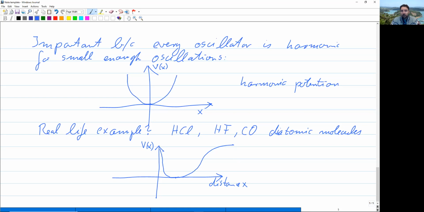They're no longer bound, which means that the potential here flattens out. Right? And then that's it. Now, in which sense is this similar to a harmonic oscillator? Well, the claim is that these two potentials are very similar here for small oscillations. And why would that be so?